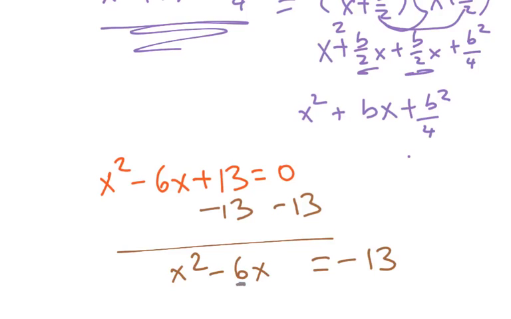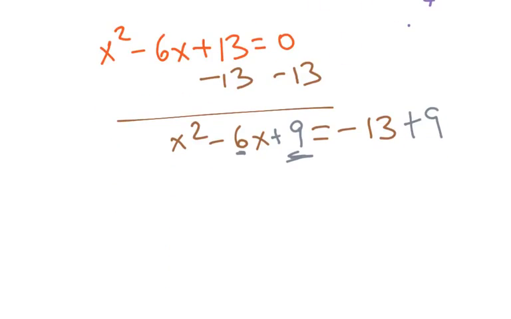So that means just divide this by 2, which is negative 3, but I don't need to pay attention to the sign, because when I square it, it'll become positive. So 6 divided by 2 is 3. 3 squared is 9. What you need to remember is that I added a 9 to the problem. So if I add 9 to one side, I have to add 9 to the other, and that's the big part. This will become x minus 3 squared.